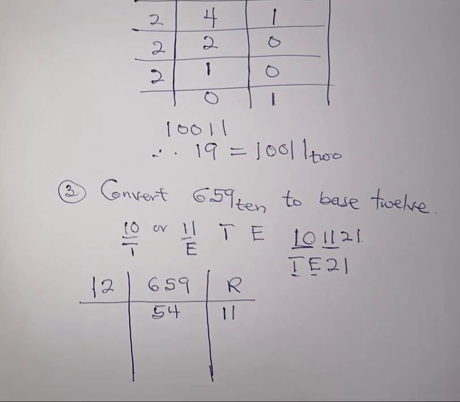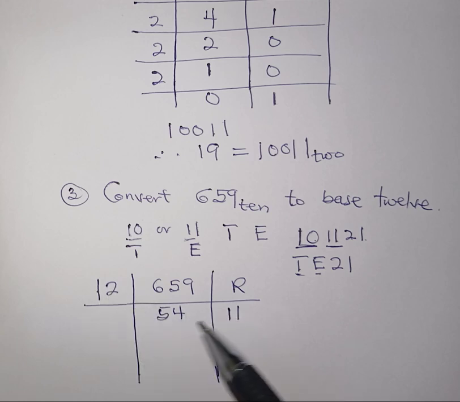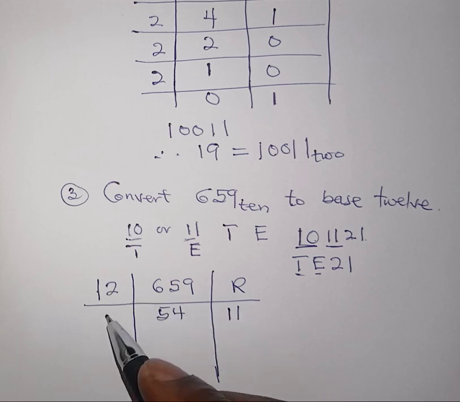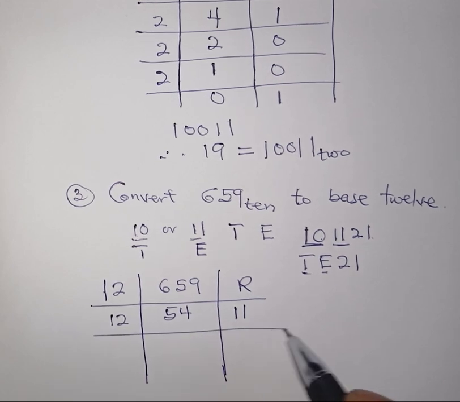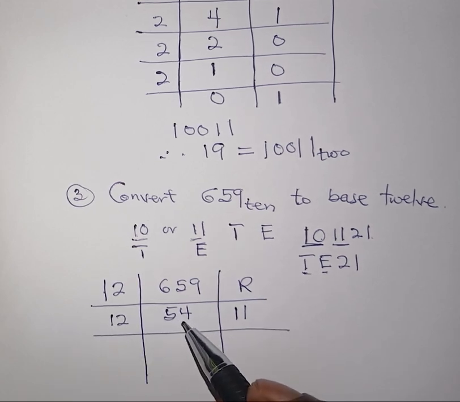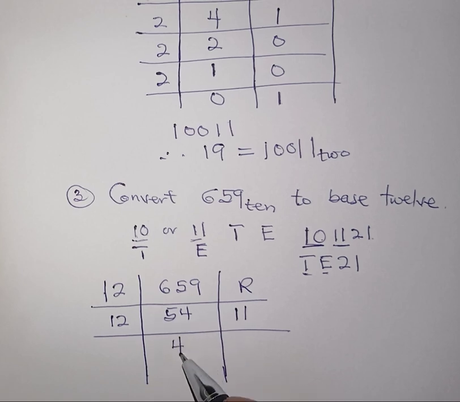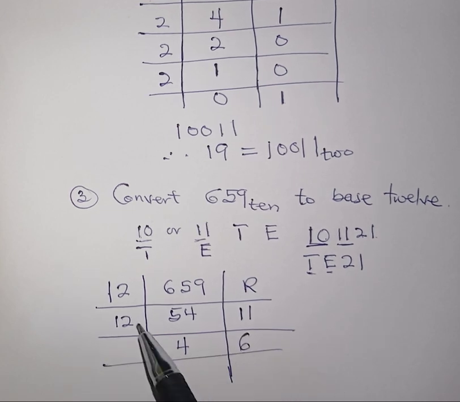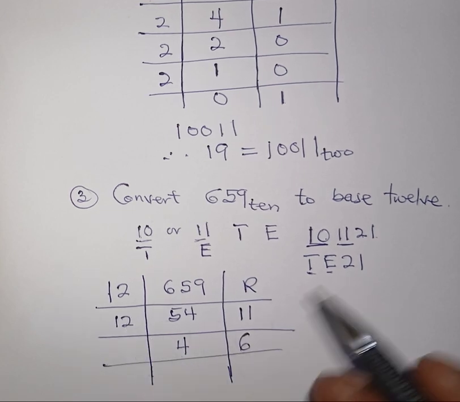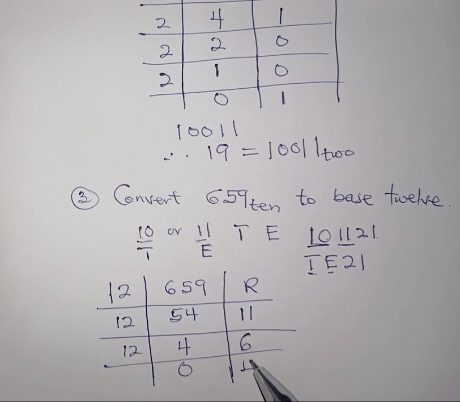Because you realize that 11 is less than 12, so 12 cannot divide 11 again. Good. But here 54 is greater than 12, so we can divide again. So 12 divided into 54 how many times? It is going to be 4, remainder 6. Okay, good. So you realize that the 4 is less than 12, so if you divide it, you are going to get 0, remainder the 4 again.